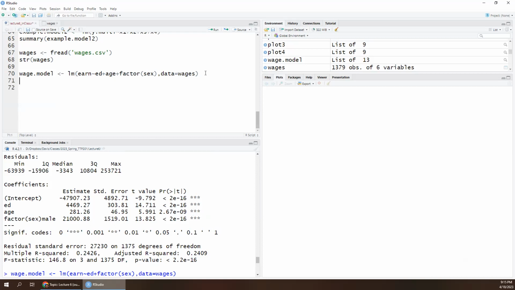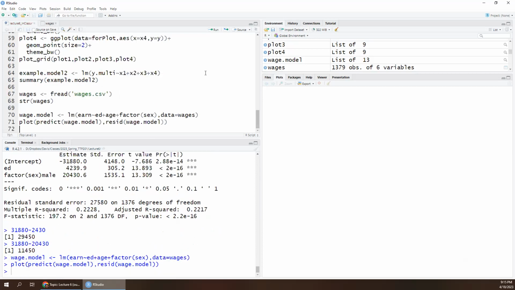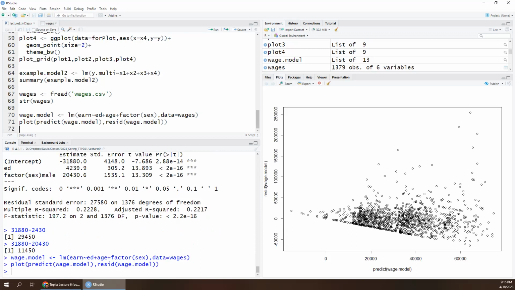But remember, one of the most powerful ones that I talked about was the residuals. And so that is important to look at as well. We see something a little bit weird going on.